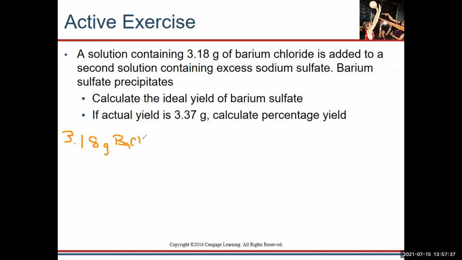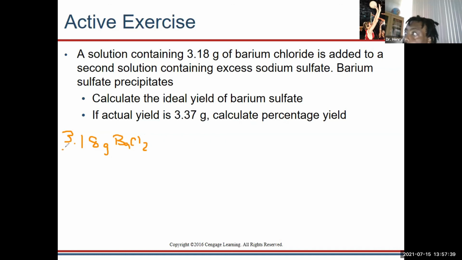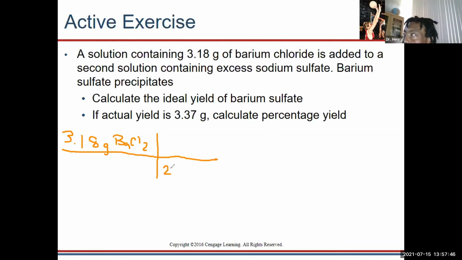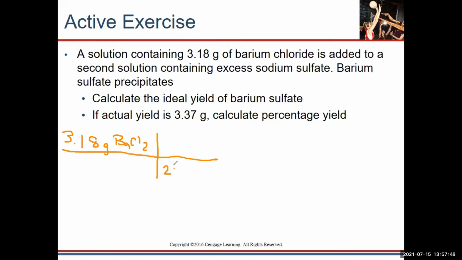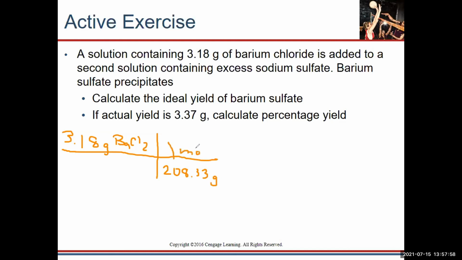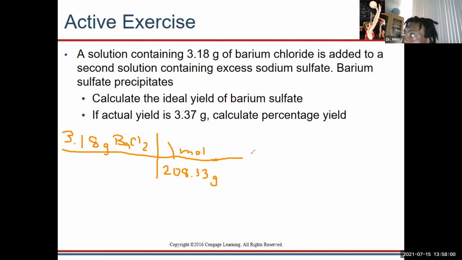Yes. Okay, then we used the molar mass of barium chloride, 208.23 grams per 1 mole. So that's the molar mass, and that's all of barium chloride.